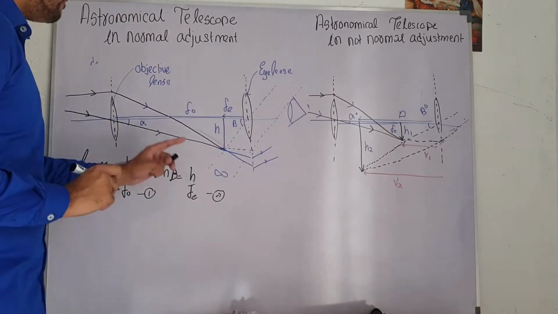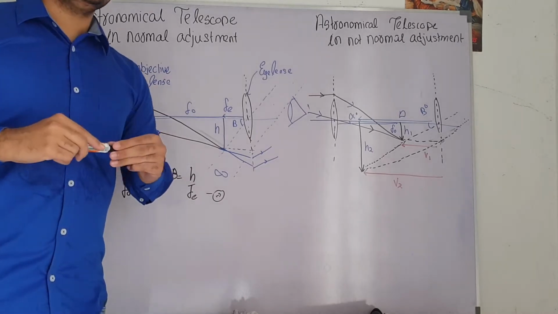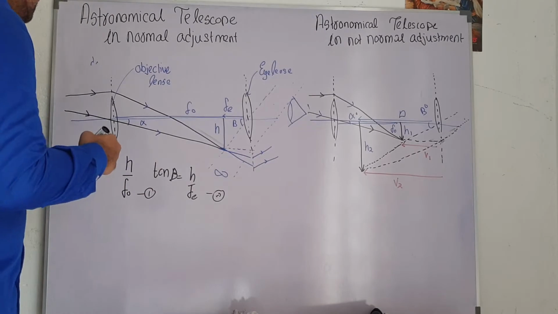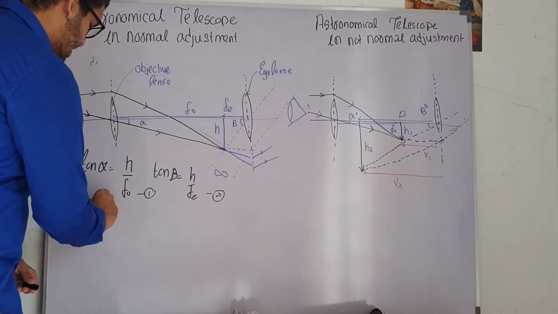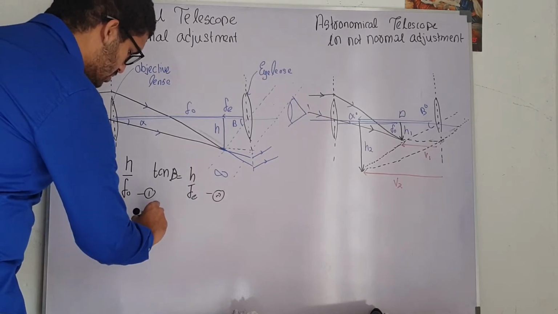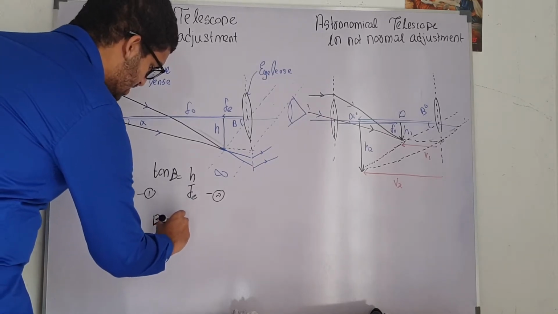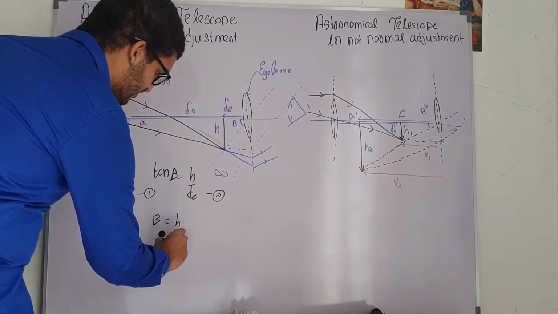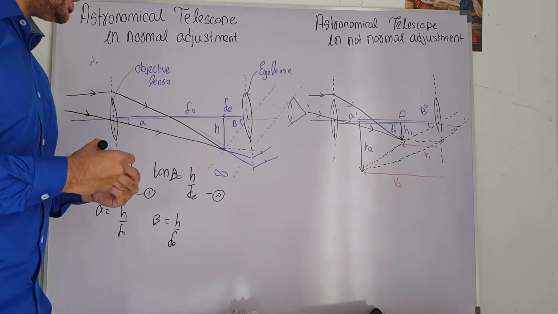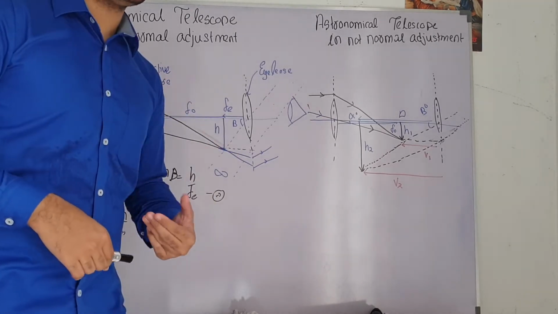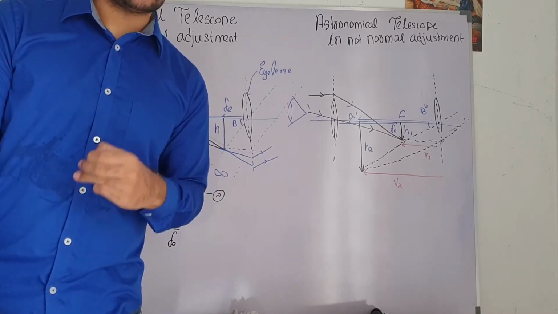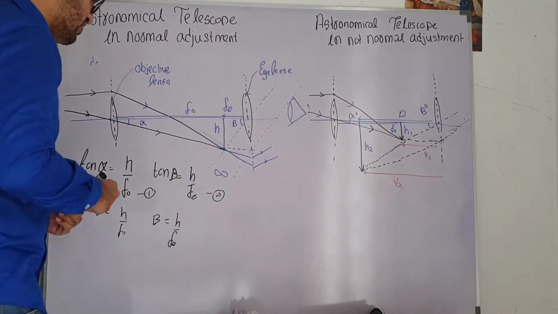Something we should know is that alpha and beta are very small angles, so we can write alpha equals h over f naught, and beta equals h over fe. Something we should also know is that the magnification, or the magnifying power, of this astronomical telescope equals beta over alpha.